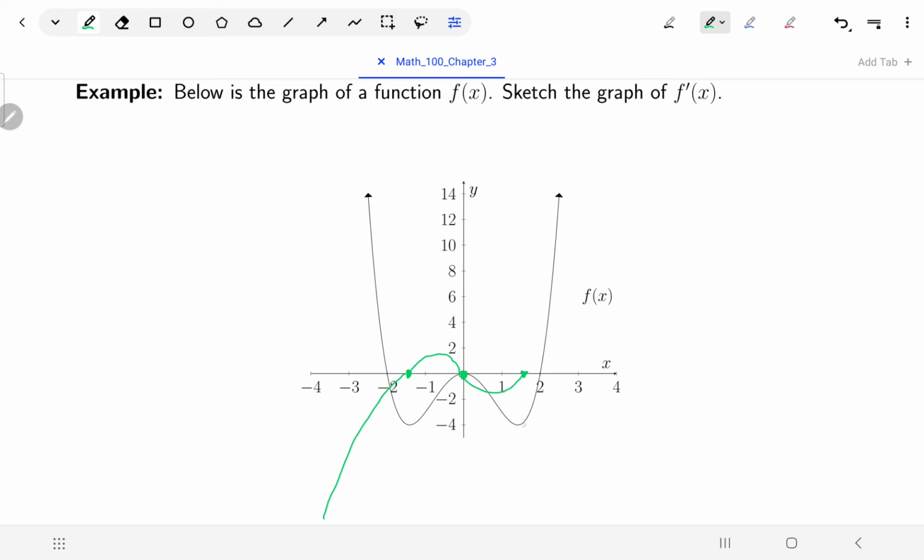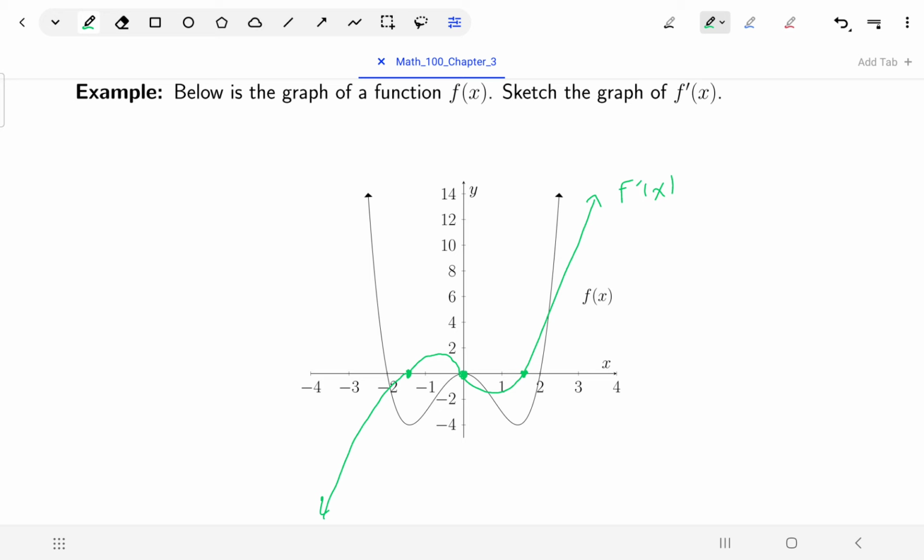And then after we've had our minimum, my function is always increasing afterwards, which means after that point, f prime should always be positive, or should be always above the x-axis. So it looks like f prime should look something like the green graph that I've drawn. And that's sort of a nice thing you can do with any continuous function like this.